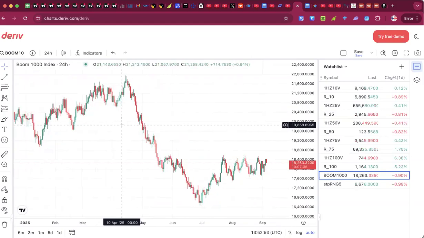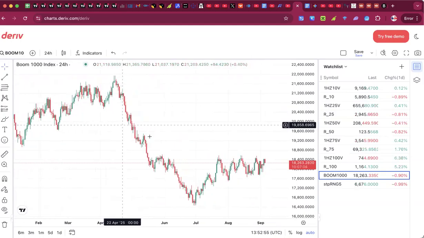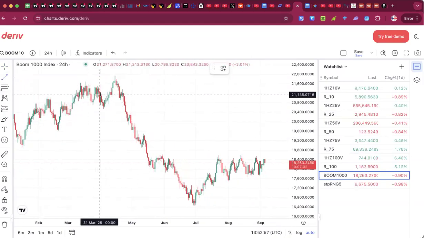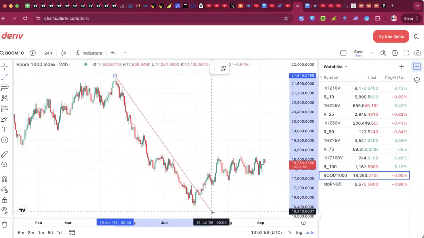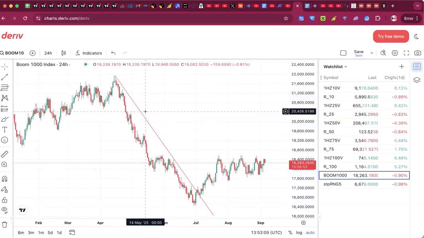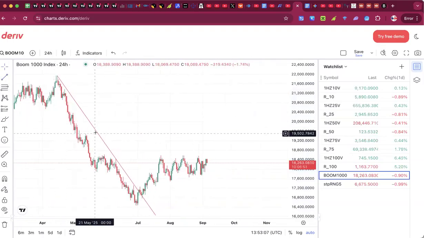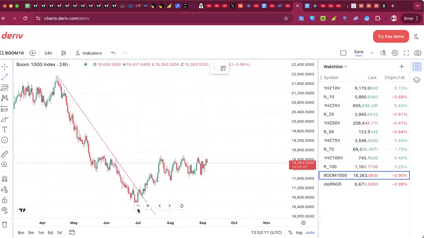This is Boom 1,000. So you can see Boom 1,000 now. If I take, for instance, here up until this point, leaving this side, that means 1,000 is actually on the uptrend.